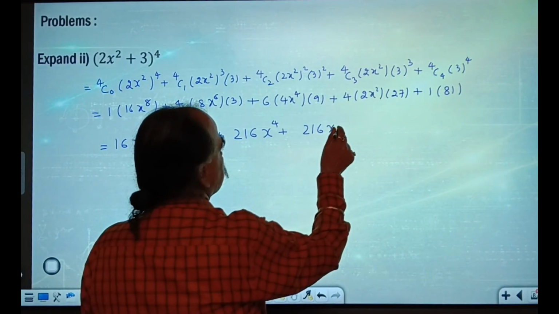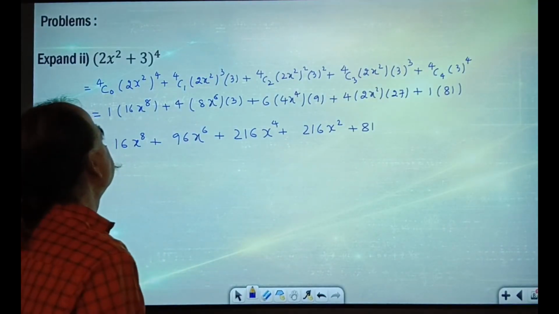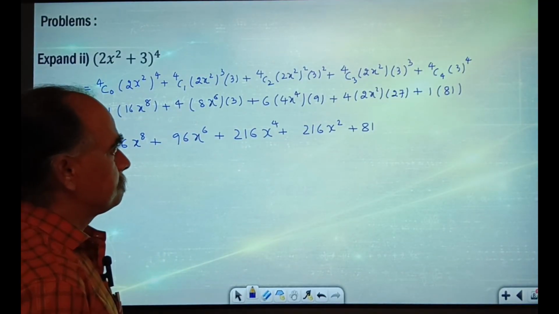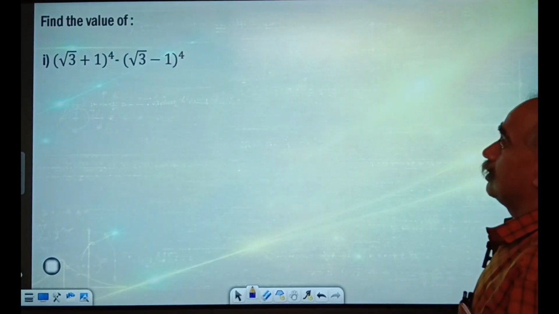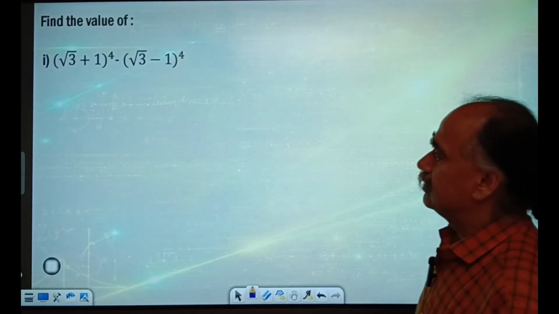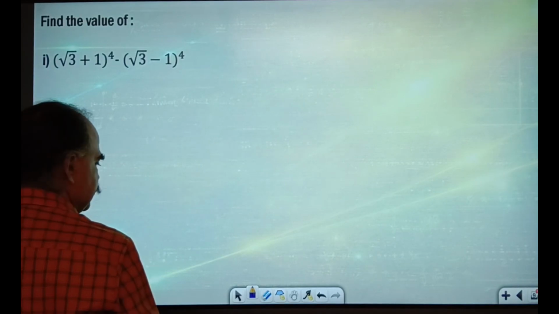216 x square plus 81. Next is root 3 plus 1 raised to 4 minus root 3 minus 1 raised to 4.